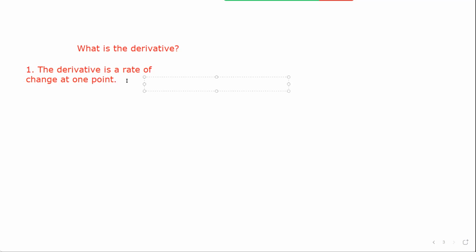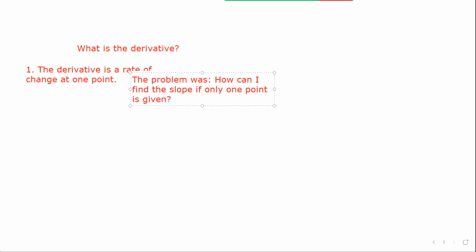The problem here, remember, was: how can I find the slope if only one point is given? The way we got around that was the solution for now.